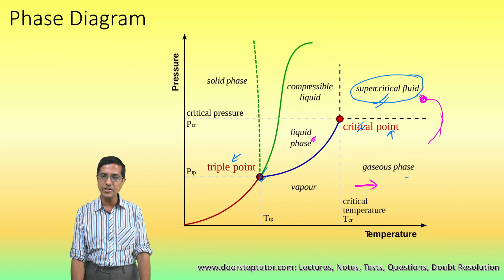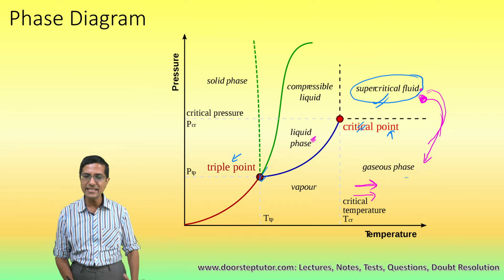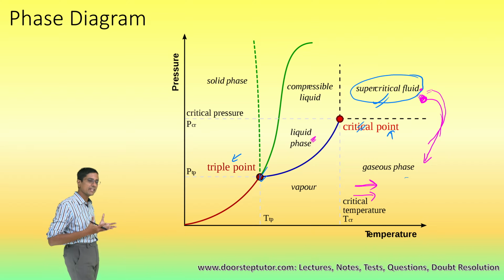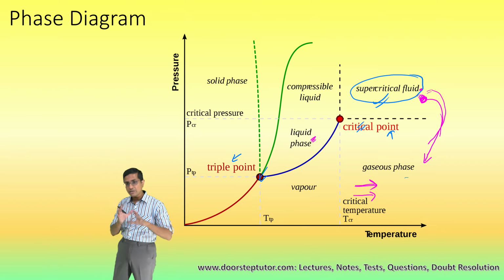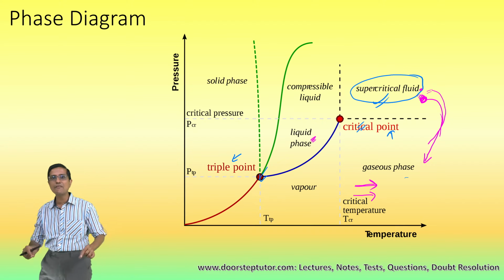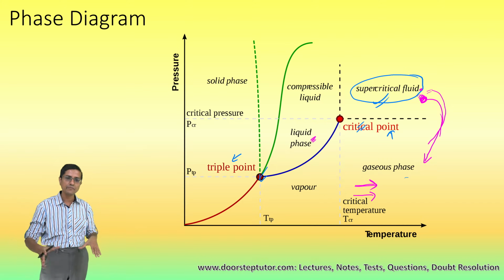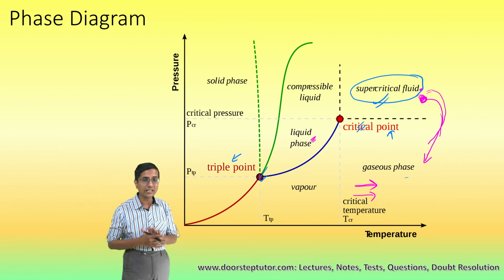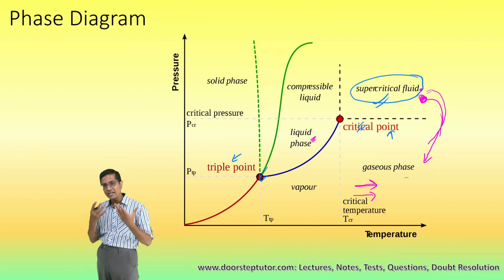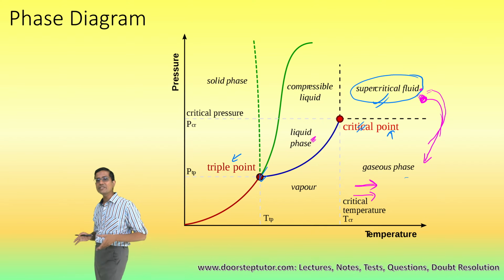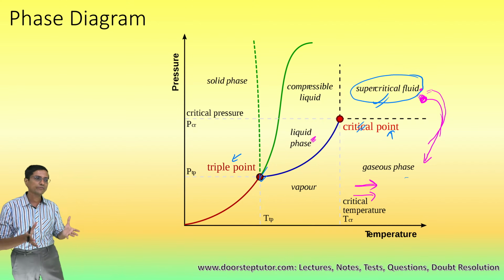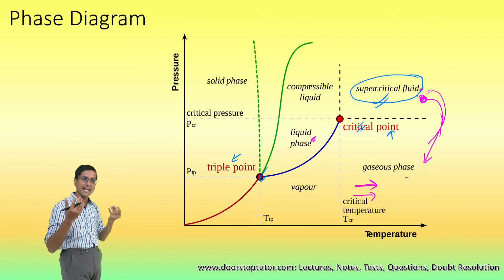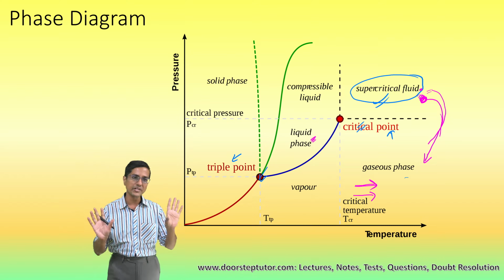If I decrease the pressure of the supercritical fluid above the critical temperature, I would get the gaseous phase, but I would not really get the liquid phase. To get to the liquid phase, I would necessarily have to lower my temperature below the critical temperature. So that's another definition for critical temperature: the temperature above which the liquid phase of matter does not really exist at any pressure, no matter what your pressure be.